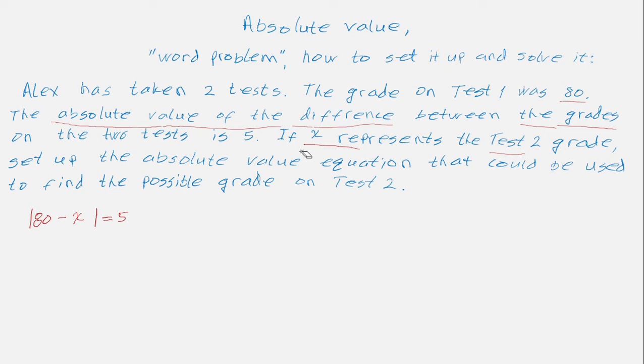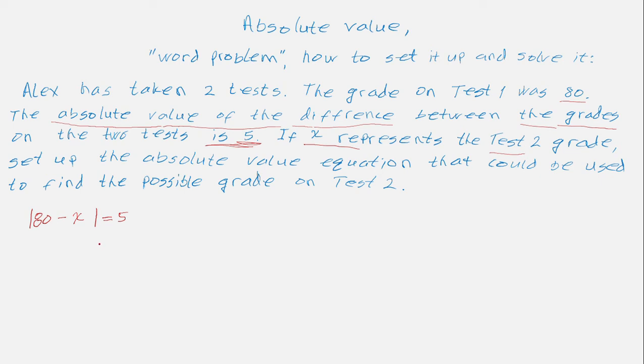And then, as given in our problem, x represents the grade on the second test, so the second test x goes here. And then the absolute value of the difference between those 2 tests is 5. So "is 5" means equals 5.